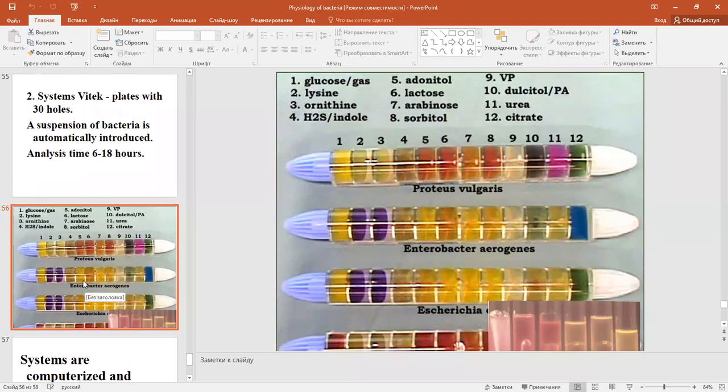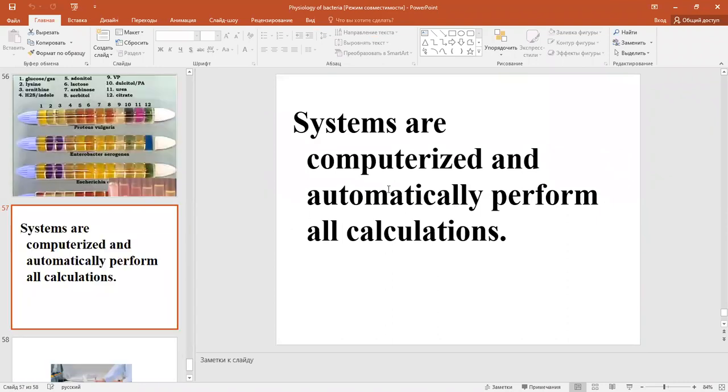nowadays it's possible to place the polystyrol plates in special equipment. Special systems are computerized and automatically perform all calculations.